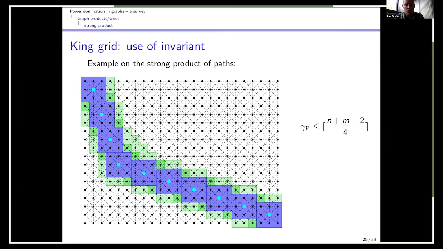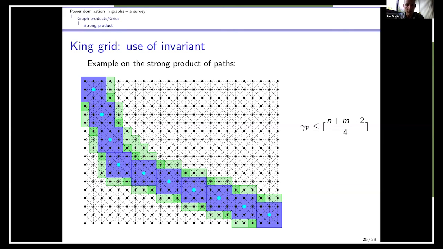If you believe me, if you just overlap two blocks on only one edge, then it's not enough to propagate, because this vertex here will have a non-dominated neighbor on the left and on the right, and this will be problematic. So the configuration is that you place the blocks so that they overlap on two edges like this, and this means you make 1, 2, 3 steps in one direction plus one in the other.